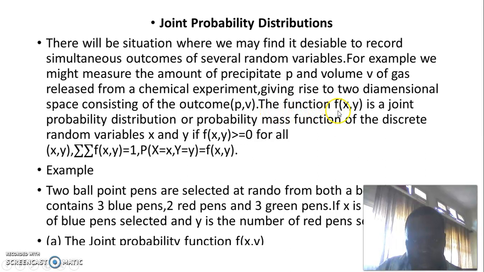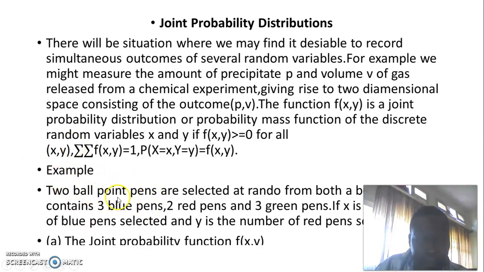The function f of xy is a joint probability distribution or probability mass function of the discrete random variables x and y if their joint probability is greater than or equal to 0 for all x and y, and the sum of their joint probabilities is equal to what? Equal to 1. Okay?